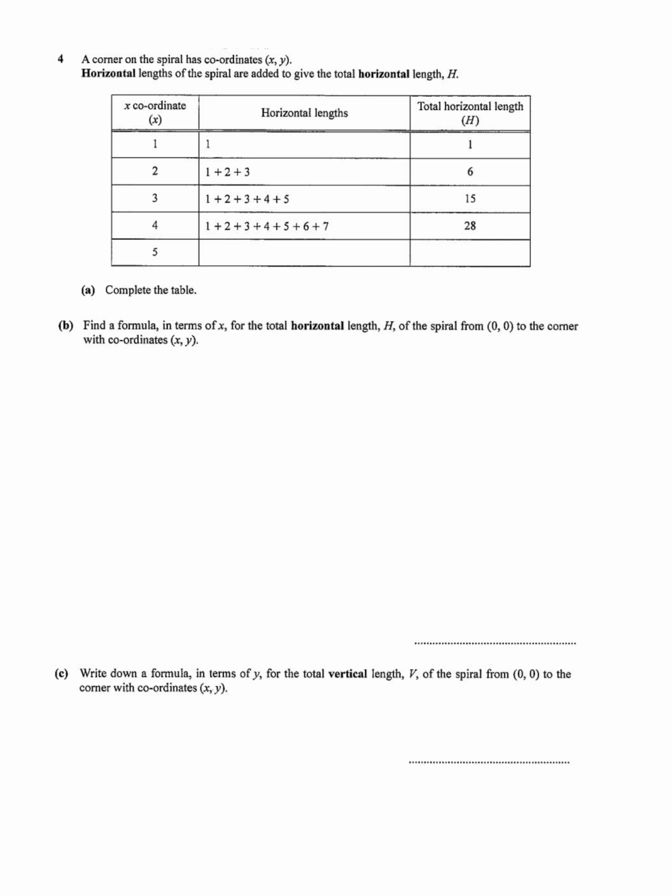Okay, question 4. Corner in the spiral has coordinates x, y. Horizontal lengths are added together. So now we're just adding our horizontal lengths. So for 1, it's just a single 1, 1, 2, 3. Okay, fantastic. Let's see what's happening here. Well, what I'm spotting is that we're adding on, first of all, 2 more each time.